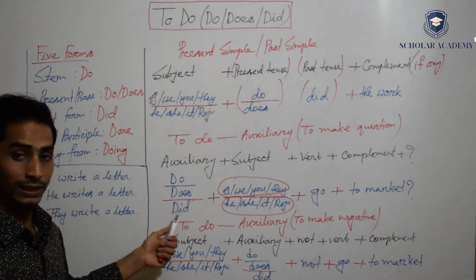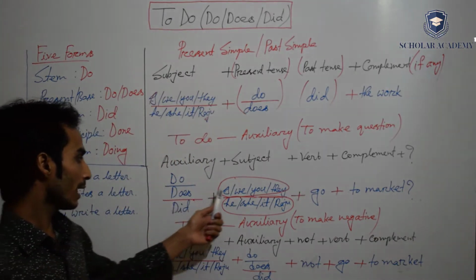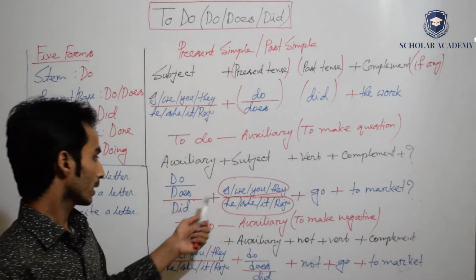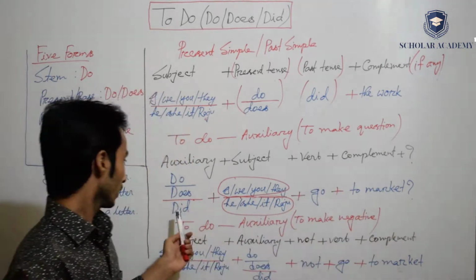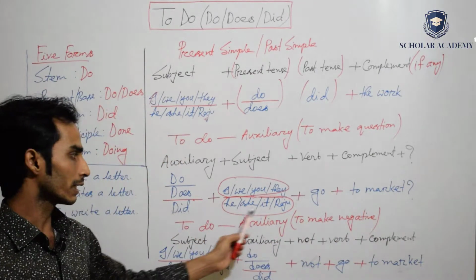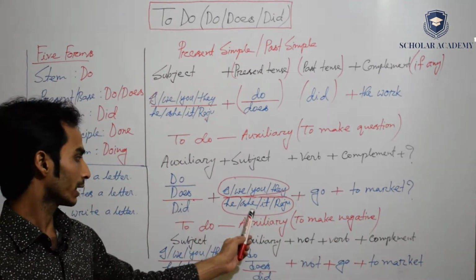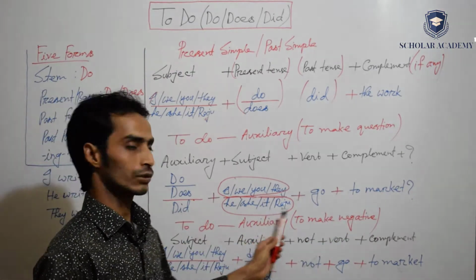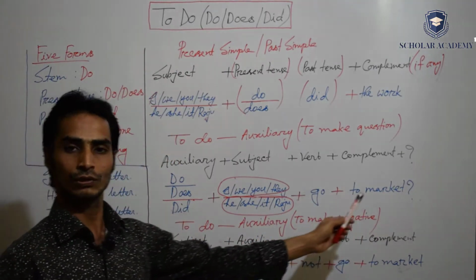So the sentences will be: did I go to market? Did we go to market? Did you go to market? Did they go to market? Did he go to market? Did she go to market? Did it go to market? Did Raju go to market?